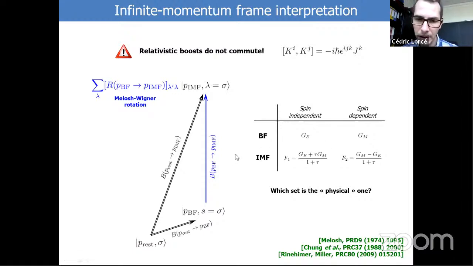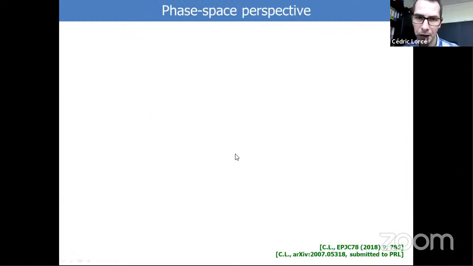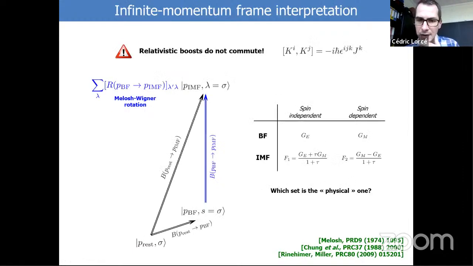And so that's where I come in and propose the following. In order to understand how the Breit frame and infinite momentum frame are connected, it would be nice to have a description that allows you to interpolate between those two situations. The initial goal we have in mind is to somehow picture the spatial distribution of a system, and the system should be somehow localized and also have a given momentum.